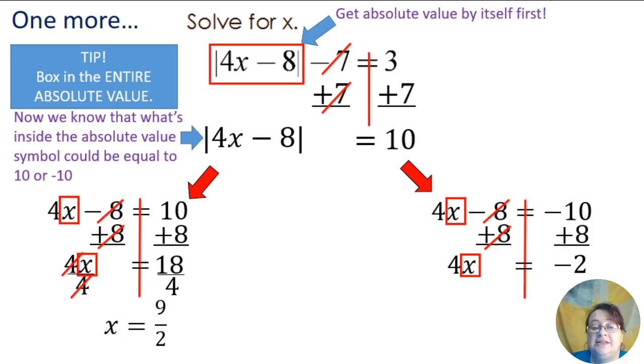On the left, same thing, 4x comes down. 4 times x, I've got to undo that 4. I'm going to have to divide by 4, both sides. 4's cancel on the left, so that's x equals. And on the right, negative 2 over 4 is negative 1/2. So my solution could be either 9 over 2 or negative 1/2.